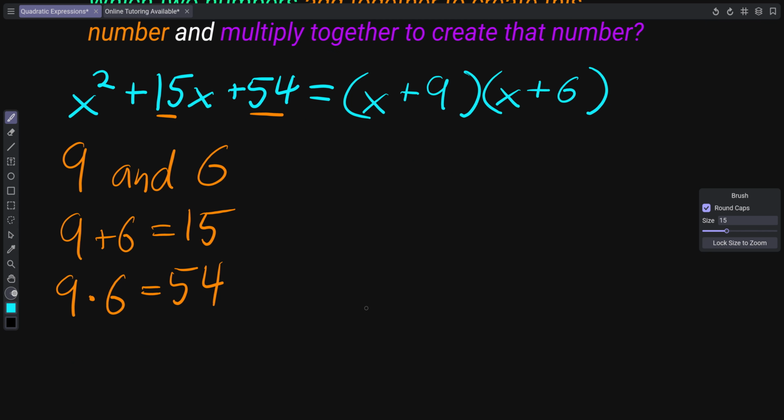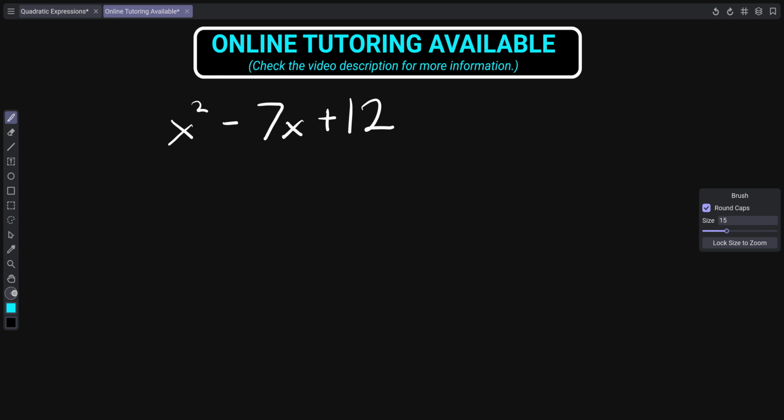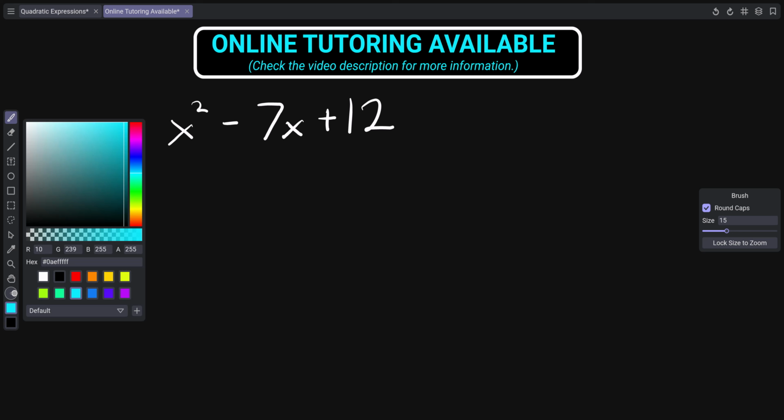Now, when you work with these quadratic expressions, when you're factoring them, you have to give thought to negative numbers. And I'll give you an example of that. Let's say we had x squared minus 7x plus 12. So we ask ourselves the same question.